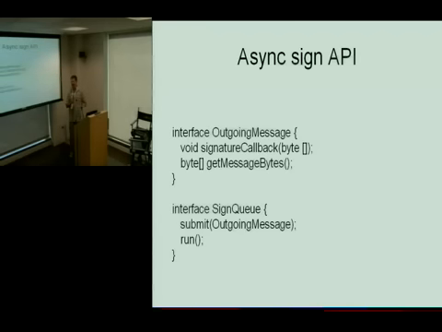And then, of course, it serializes it via the normal processing flow. And of course, since I'm not signing messages one at a time, I have to sign a batch. I have basically a sign queue where I just submit a message to the queue. And whenever I want to, I call the run method, which basically builds the Merkle tree and processes everything.